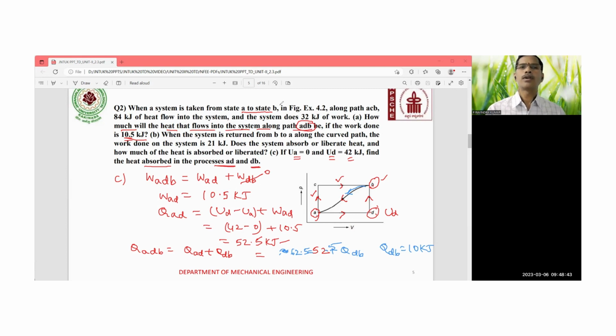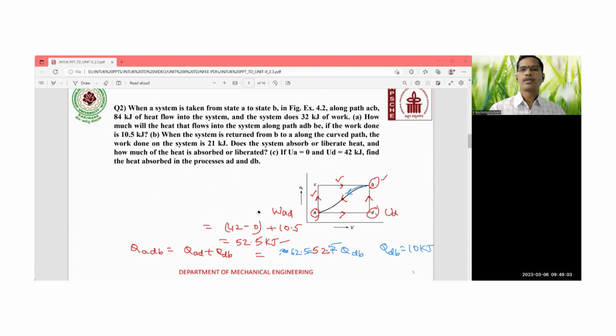So this is how you need to solve the problem for this particular case. How the path is going to be moving, what is the initial state and what is the final state. This is how you have to solve the numerical problems connected to this. So this is the second problem.